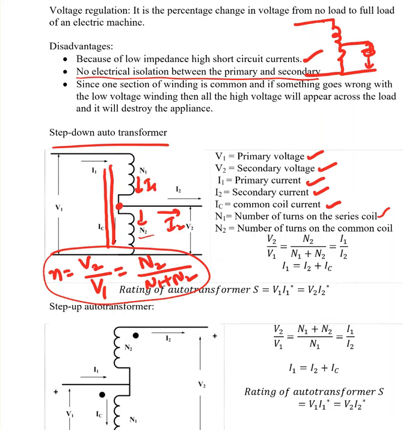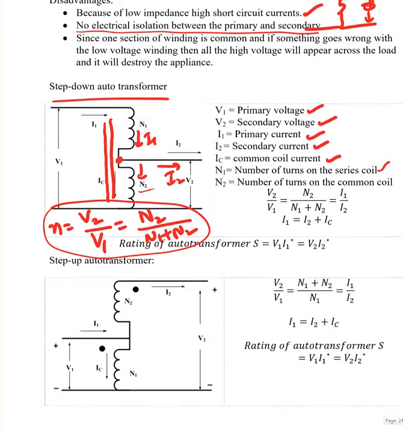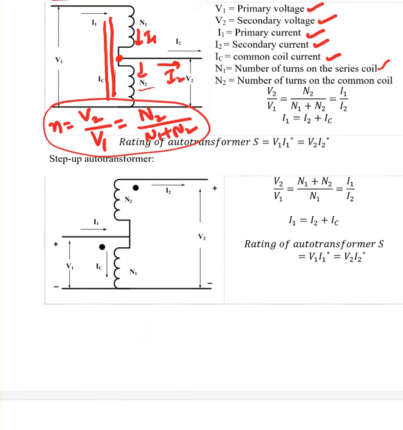The next one is the step up auto transformer. If you look here, N equals V2 over V1. How many turns are there on the secondary side? I see N2 plus N1, that is, N1 plus N2. On the primary side, I have only N1.